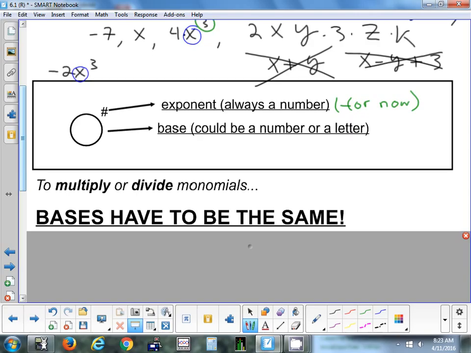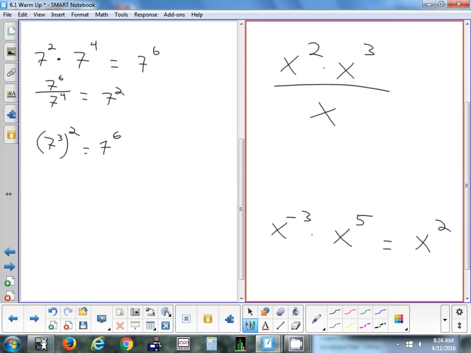All right, so when we did the warm-up, we looked at combining monomials. If you noticed, all the problems that we did had to have the same base. If we go back and we just look at them, what's the base in everything in this problem? X. How about the one below it? X. How about the ones on the left?